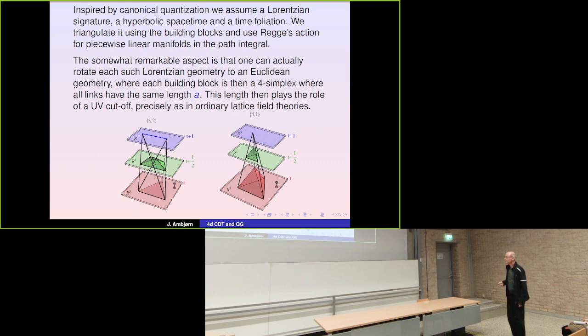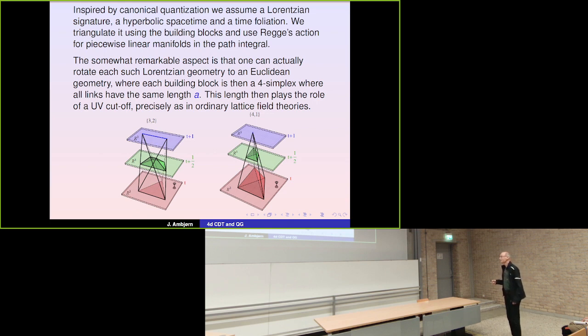What is a somewhat remarkable aspect is that if we build up these CDT triangulations, and I've tried to illustrate them here, you have the time slices here. I'm writing R3, it should really be S3, but this is an old figure, so I didn't change it.